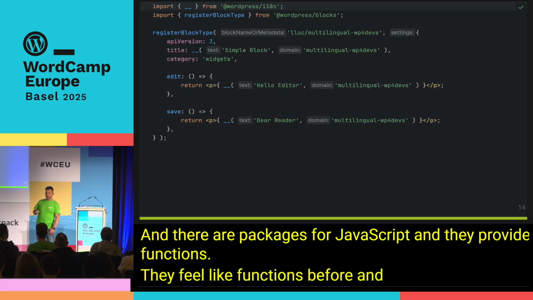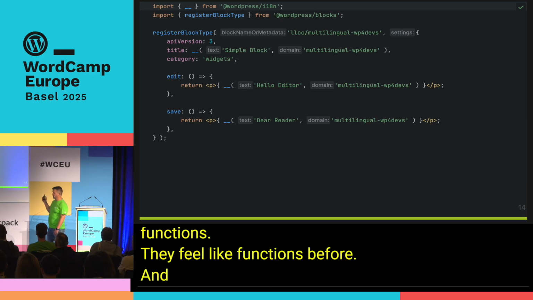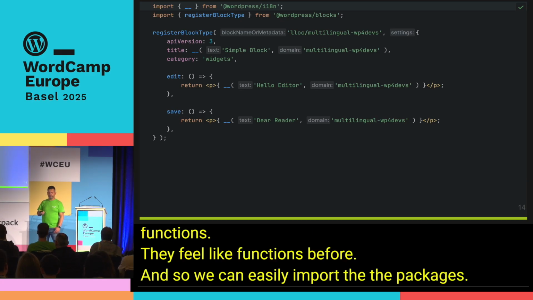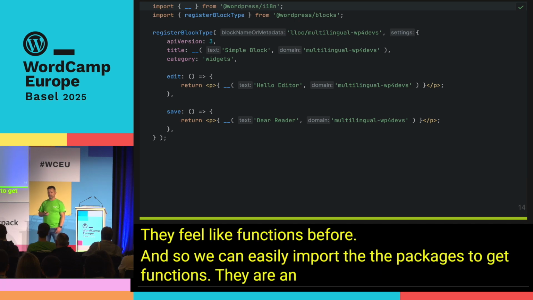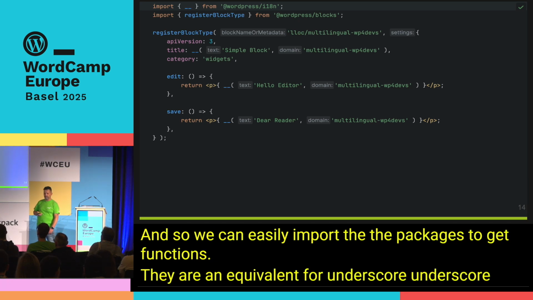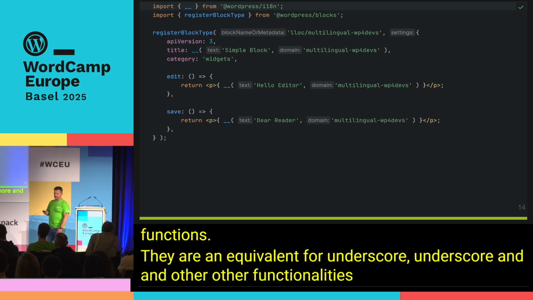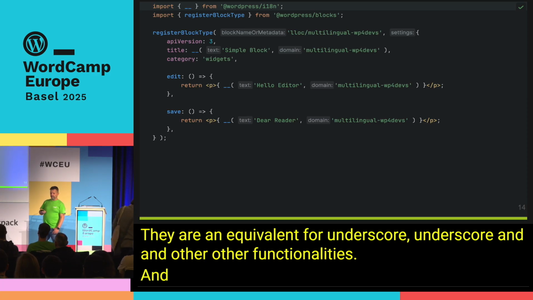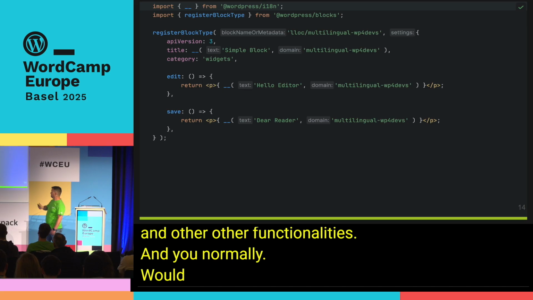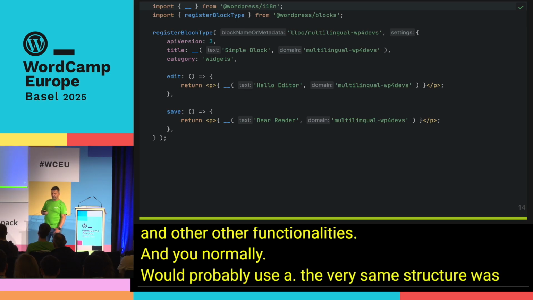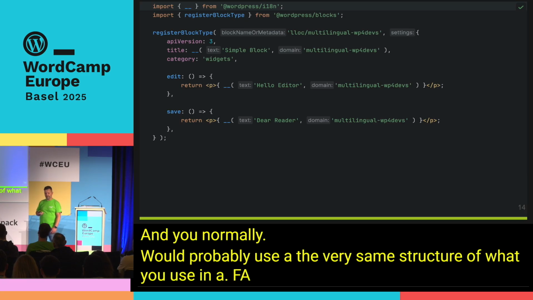And so you can easily import the packages to get functions. They are an equivalent for underscore and other functionalities. And you would normally use the very same structure that you use in a PHP file or a PHP program.